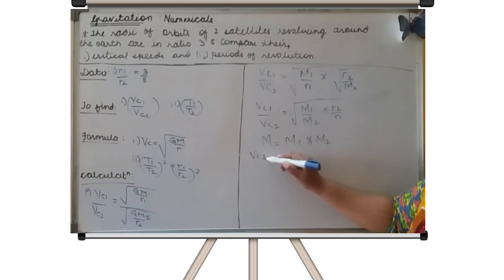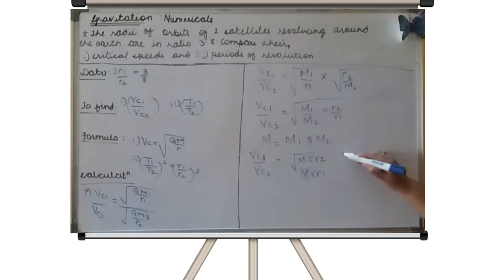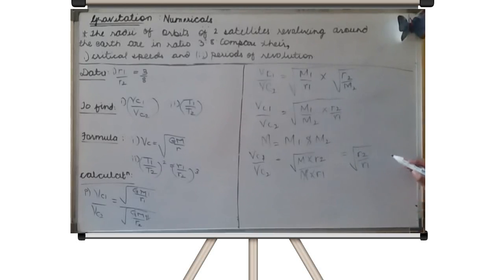So Vc1 upon Vc2 is equal to under root of M into R2 upon M into R1. M and M get cancelled. What is R2 upon R1? We are given R1 by R2, so R2 upon R1 would be the reciprocal, 8 by 3.